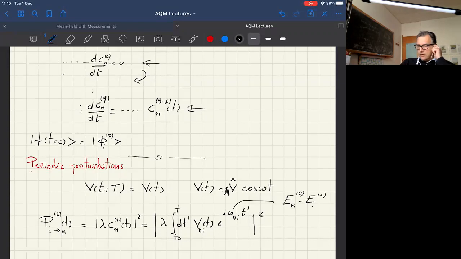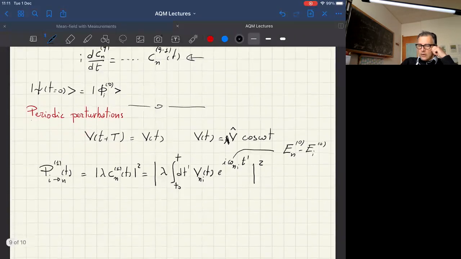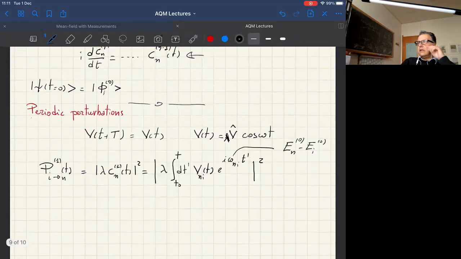This is essentially the difference in the energy levels, okay? So no news in terms of new formulas.